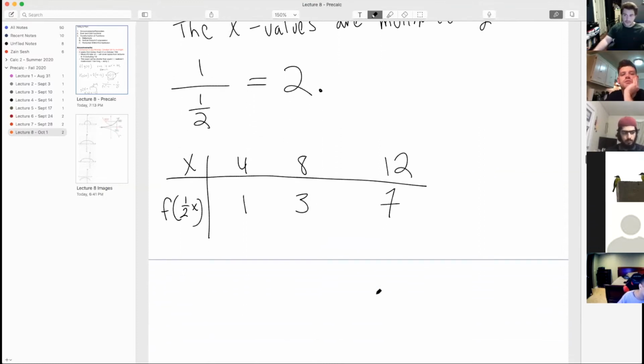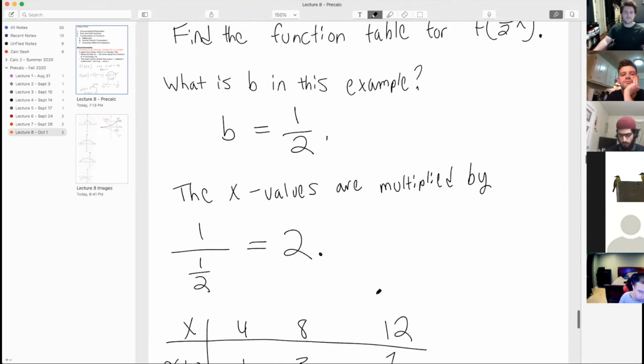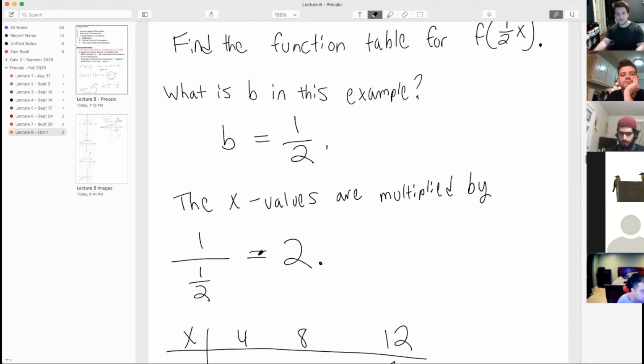Could you just go over how 1 over 1/2 equals 2, if you don't mind? Absolutely. So with 1 over 1/2, we actually are dividing fractions. This is actually the same as 1/1 divided by 1/2. You agree with that? I just changed the 1 to 1/1. And now you just do the keep, change, flip business.